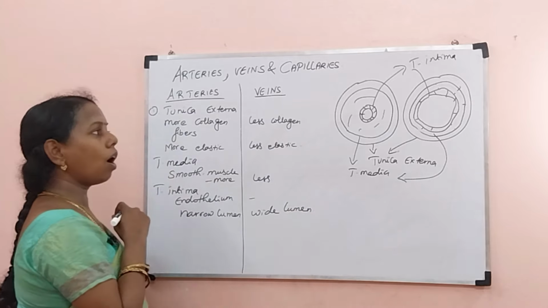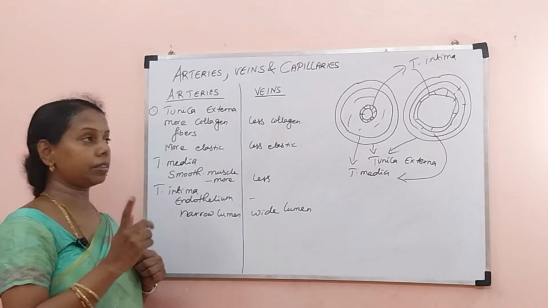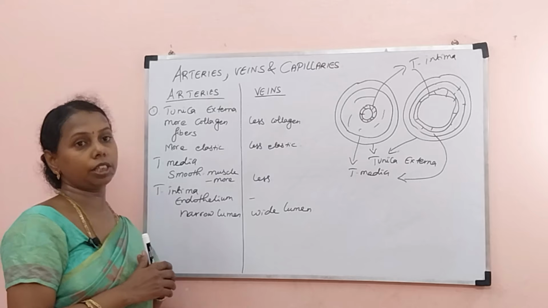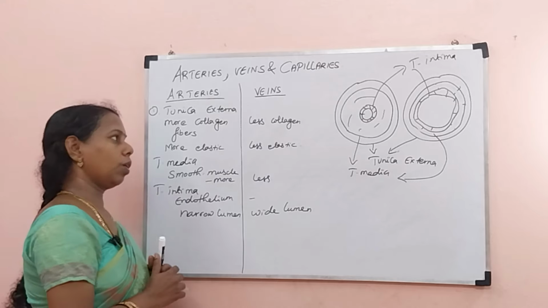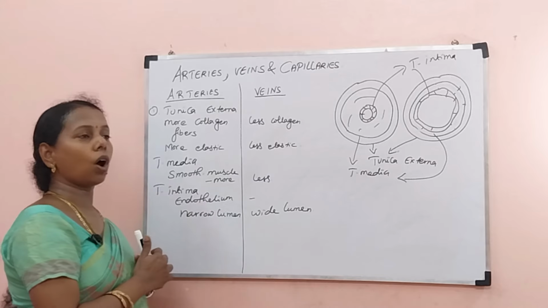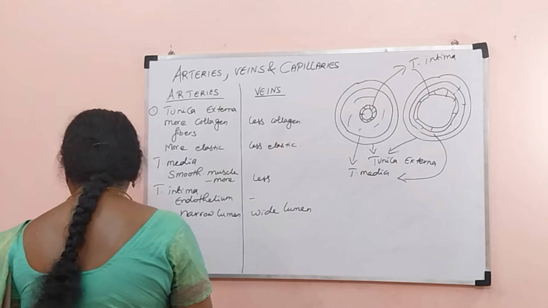And you know, arteries always carry oxygenated blood except the pulmonary artery in adults and the umbilical artery in the fetus. Similarly, veins will always carry impure blood except the pulmonary vein.